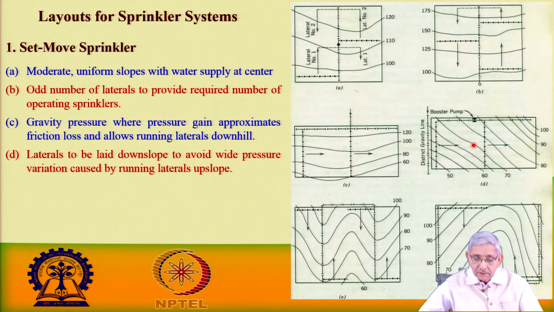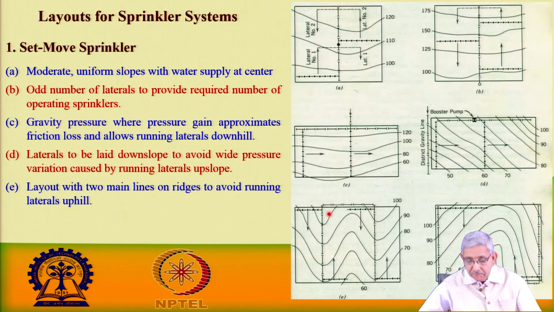There could be different layouts depending on the field conditions. Now, this is another peculiar condition you can see here. The contour lines are shown here. You can see this is one contour, this is another contour.